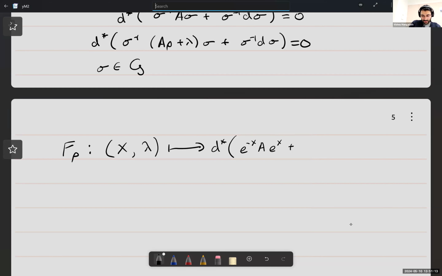You linearize it, look at dF at 0, and show that it's an isomorphism.